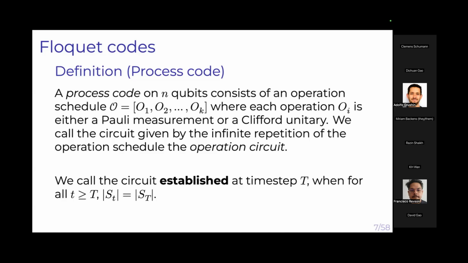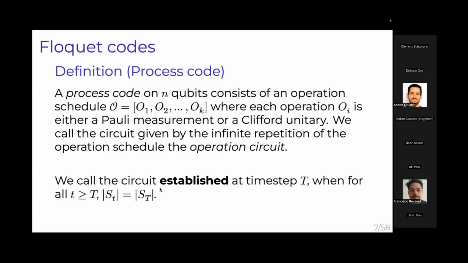Something to remark here is that if we repeat this operation schedule an infinite number of times, this is going to be an error correcting code, but it is not the case in the very beginning. You have some kind of data qubits, and before repeating it enough times, this is not going to act as a quantum error correcting code.